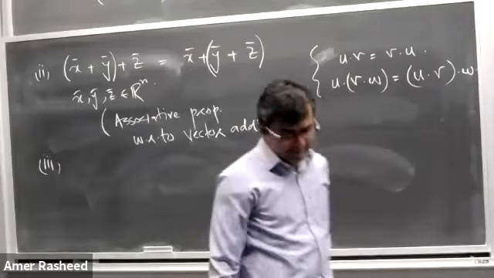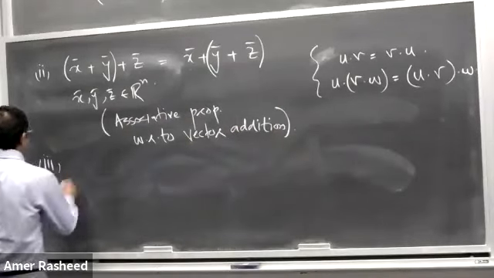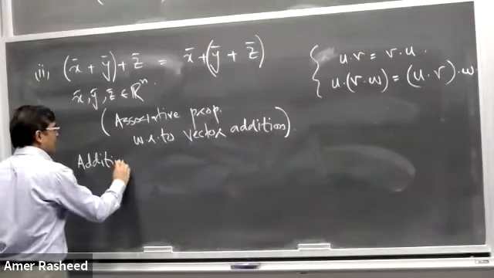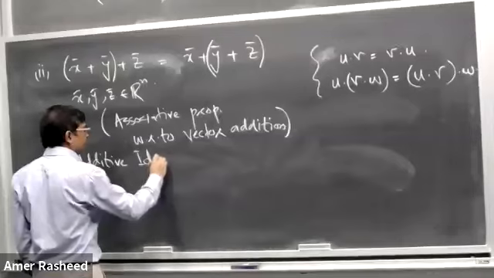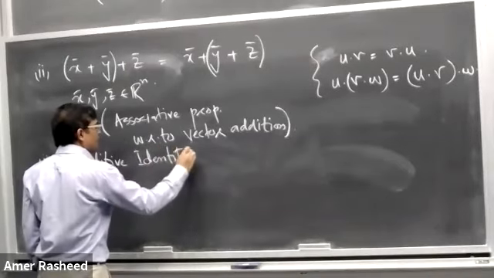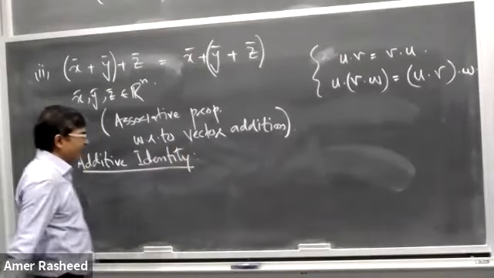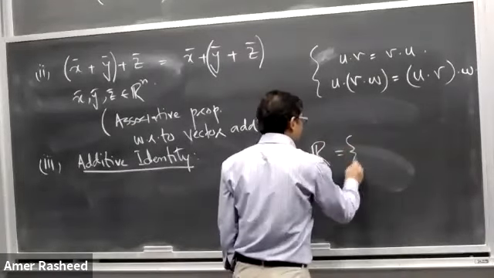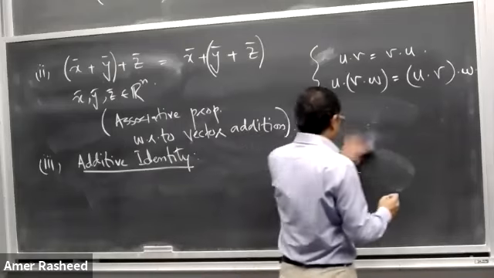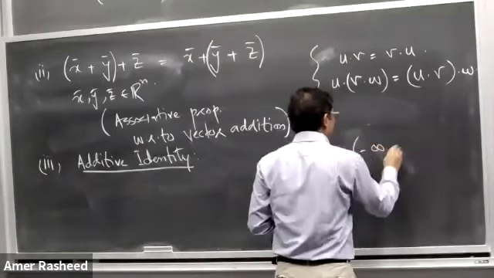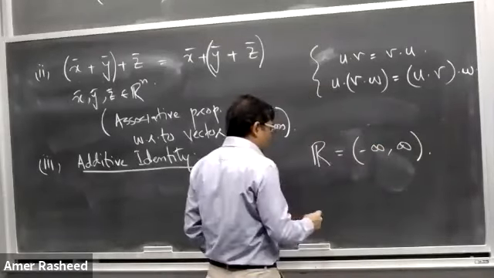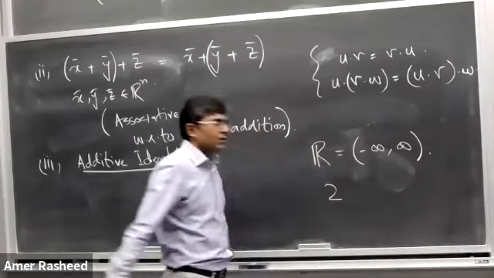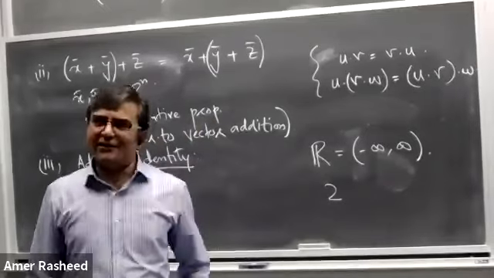Yes, additive identity. Next is additive identity. Now, what is additive identity in real numbers? If we define R as a set, minus infinity to plus infinity, then if we take any number in R, for example, 2, what is additive identity?